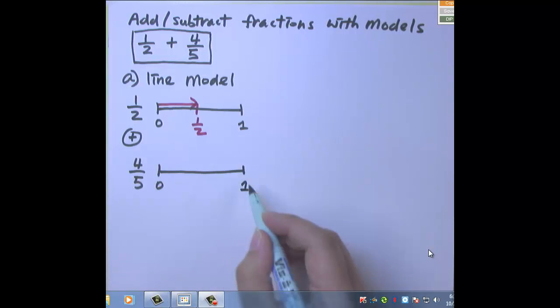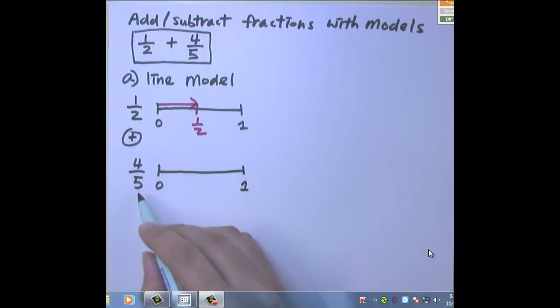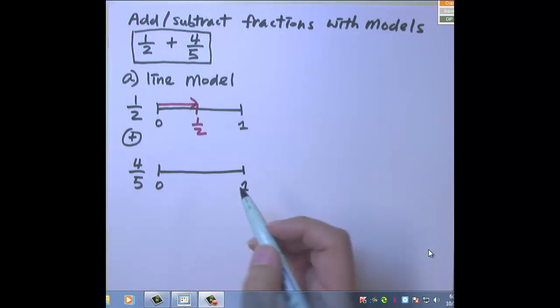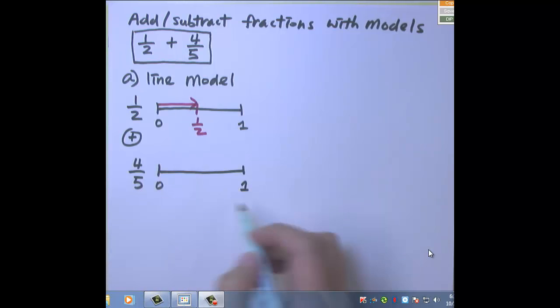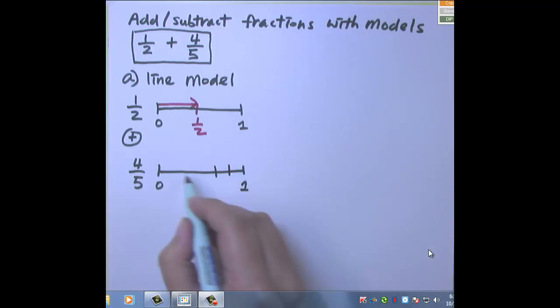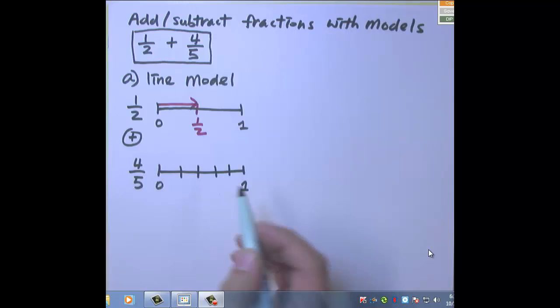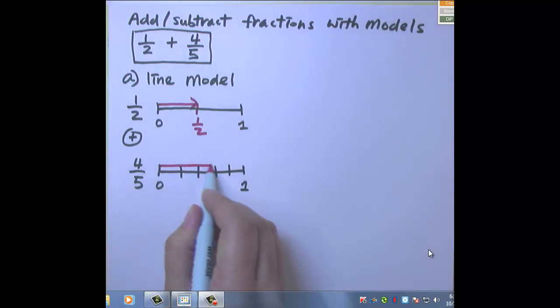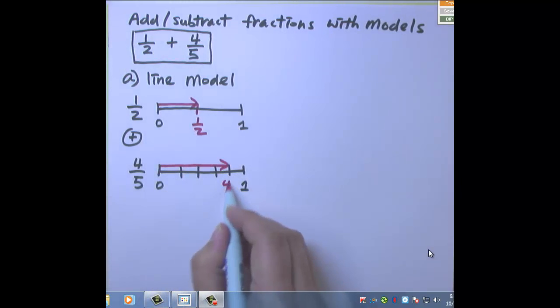So 0 to 1, and this time, because the denominator is 5, so we need to divide this distance between 0 to 1 into 5 equal parts. So we will have 4 out of 5 equal parts, and this is 4/5.